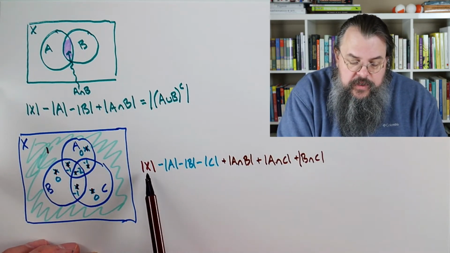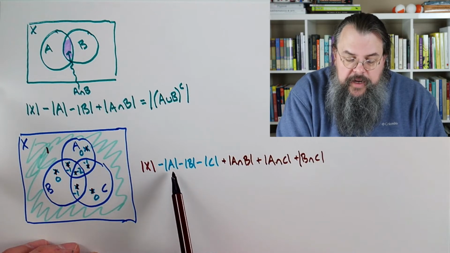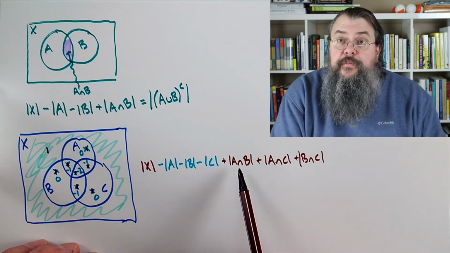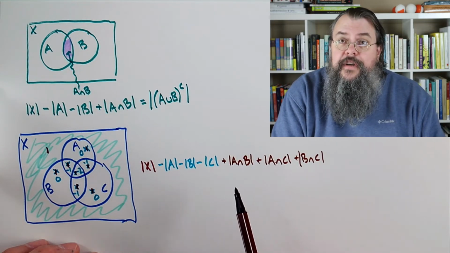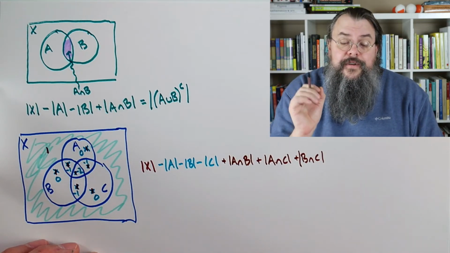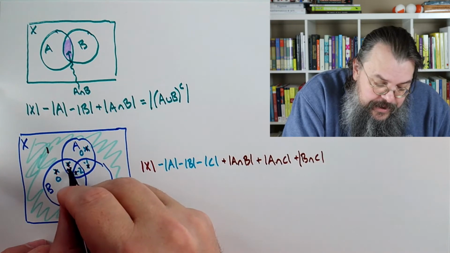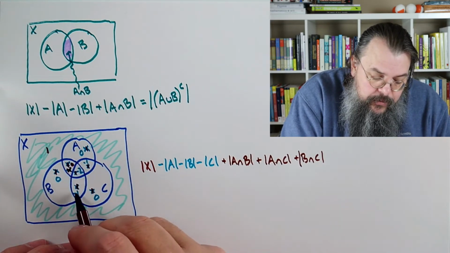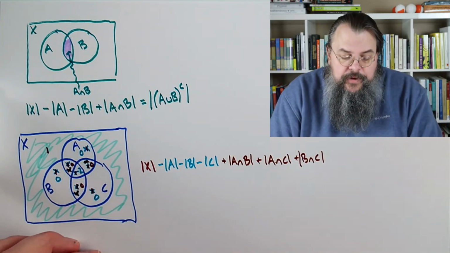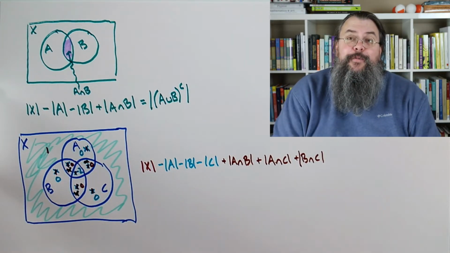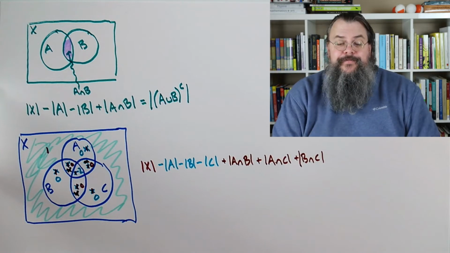Well, once, plus, once minus, and once is a plus. So the net effect, 1 minus 1 minus 1 plus 1, is 0. Aha! Good. That's great, because we don't want to include it. And so these are all zeros.